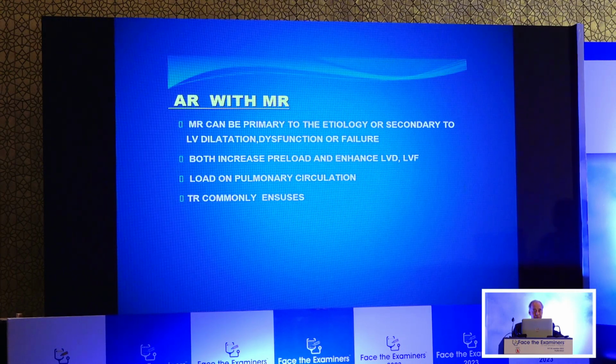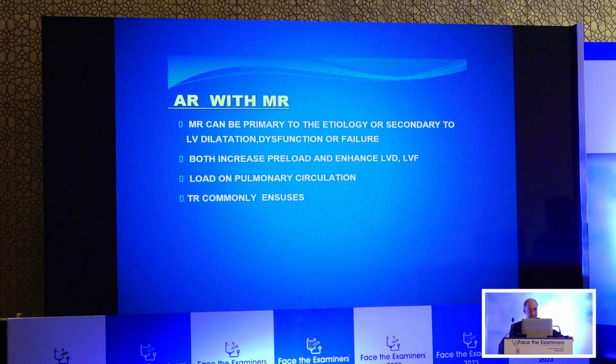AR with MR is another combination. Mitral regurgitation can be present due to a primary etiology, or mitral regurgitation can also occur in patients of aortic regurgitation due to dilatation of the left ventricle.